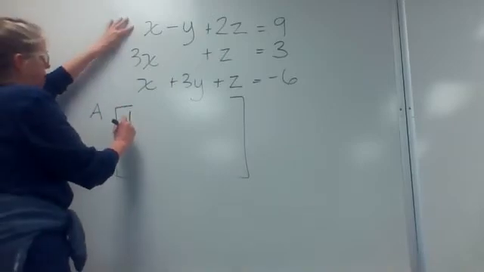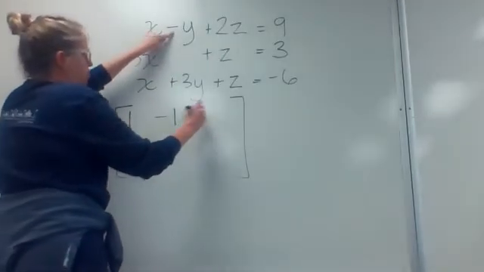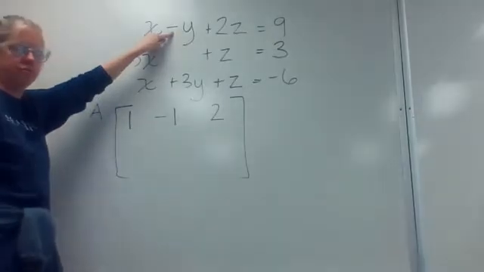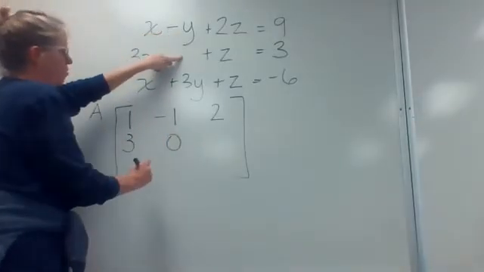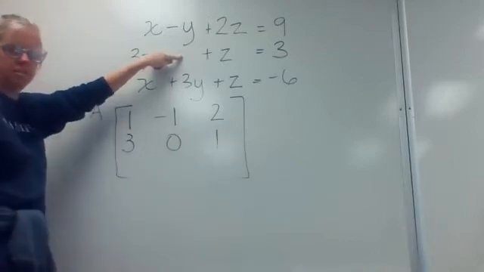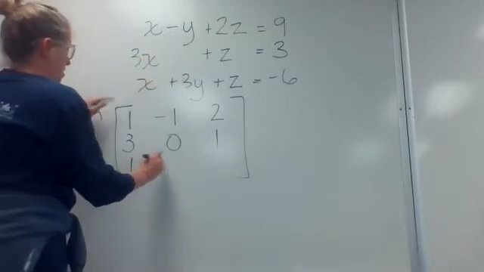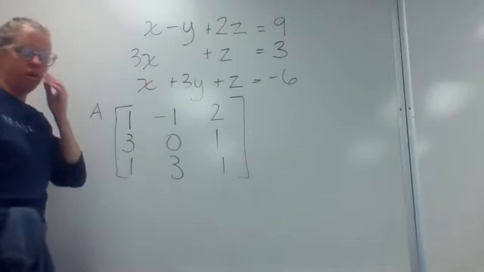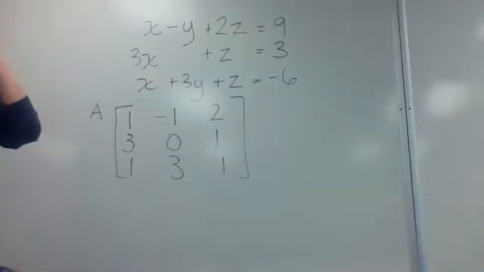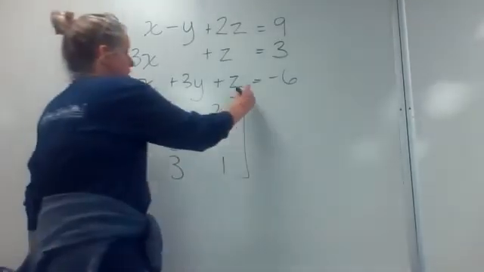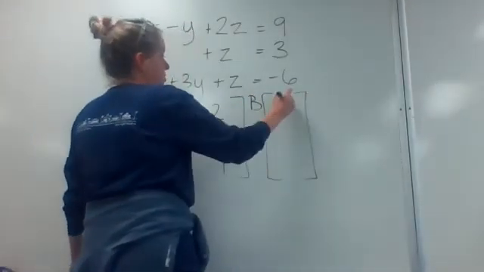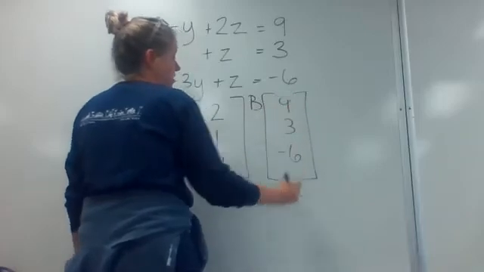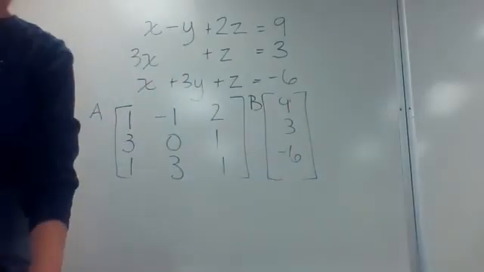So it's going to be 1, -1, 2, 3, 0, 1, 1, 3, 1. So I'm going to put that in matrix A. Then in matrix B, I'm going to put the right side. So it'll be 9, 3, -6.